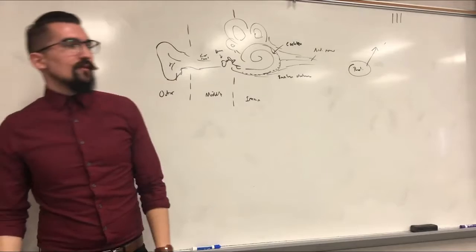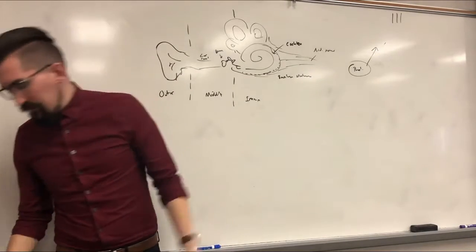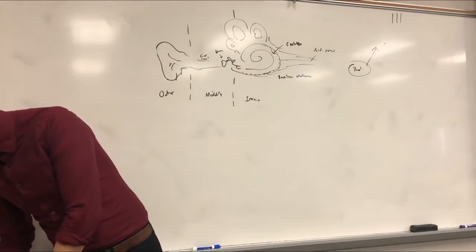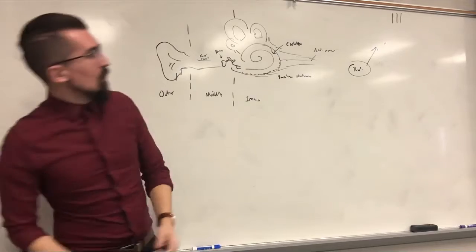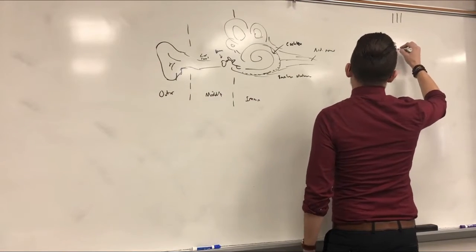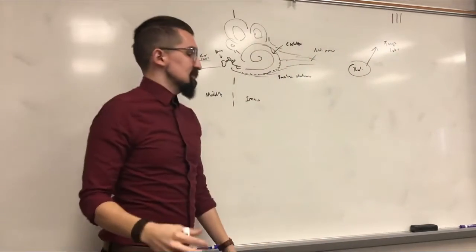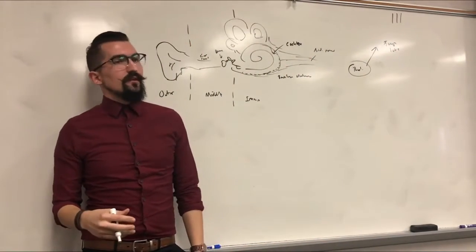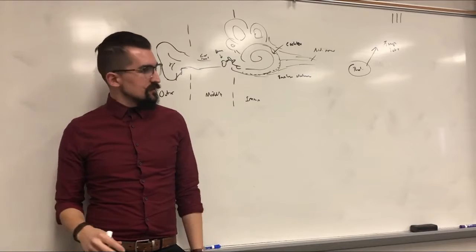Your temporal lobe, right here on the sides. Sweet. Most of it goes to my temporal lobe for interpretation. That's where I perceive it. I gauge the sound, if I like it or not, how loud it is or not, if it's a threat or not, those sorts of things.